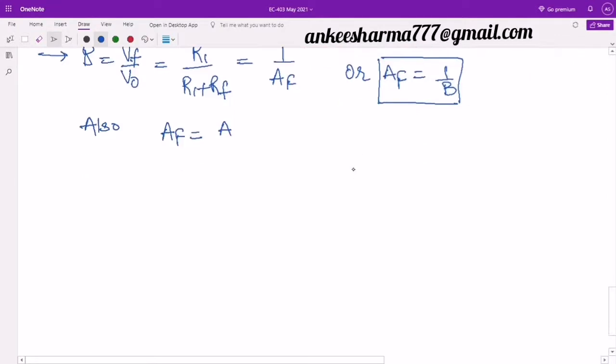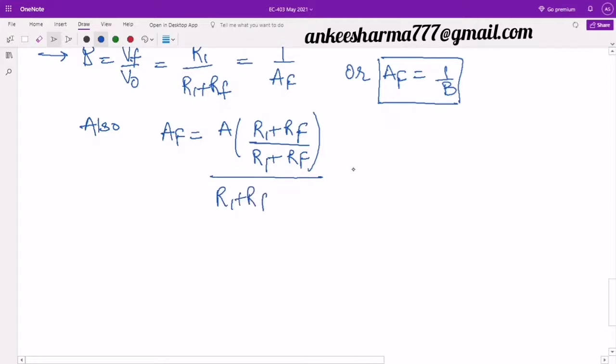I am going to write that equation. Look here, understand it properly. I am going to divide this numerator with R1 plus RF, and in the denominator I have R1 plus RF plus AR1. So I am going to divide this also with R1 plus RF, and this also with R1 plus RF.